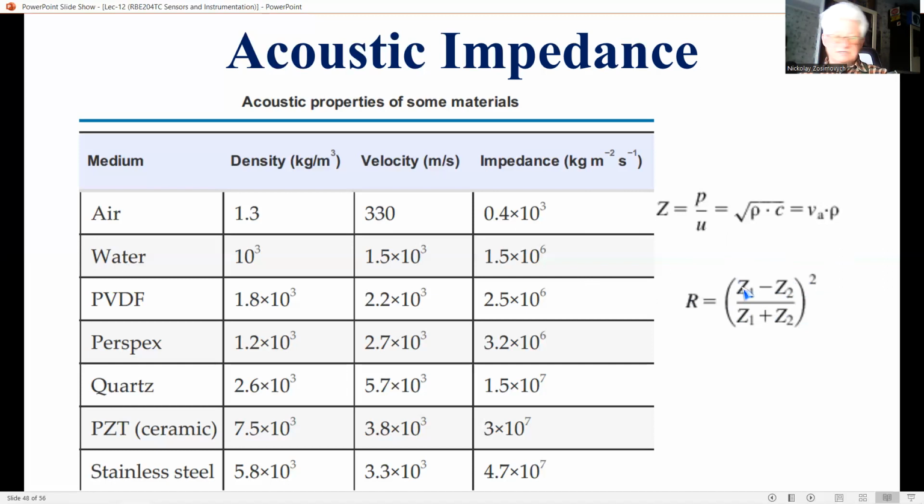Z1 is the acoustic impedance of the medium of the incident wave, Z2 that of the medium behind the boundary plane. Obviously, there is no reflection, hence total transmission, if both media have equal acoustic impedance. On the other hand, when the impedances show a strong difference, the power transmission is small.